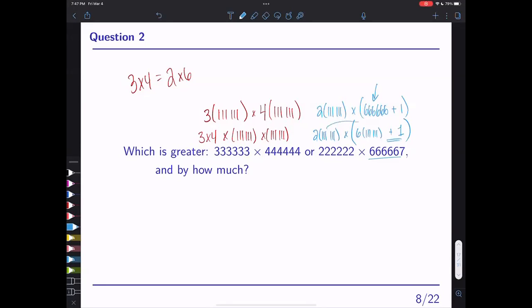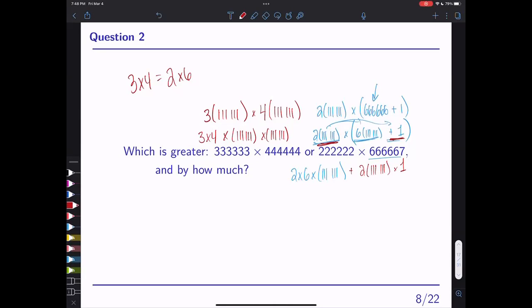Let's distribute. That's 2 times 6 times 1, 1, 1, 1, 1, 1. That was this times this. Now we'll do the other. This times 1: I have a plus 2, 1, 1, 1, 1, 1, 1, times 1. That one's not doing much of anything.